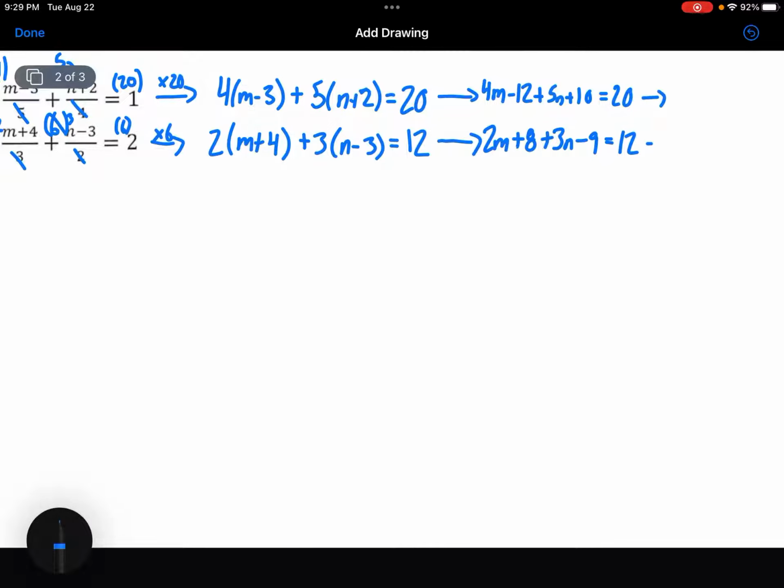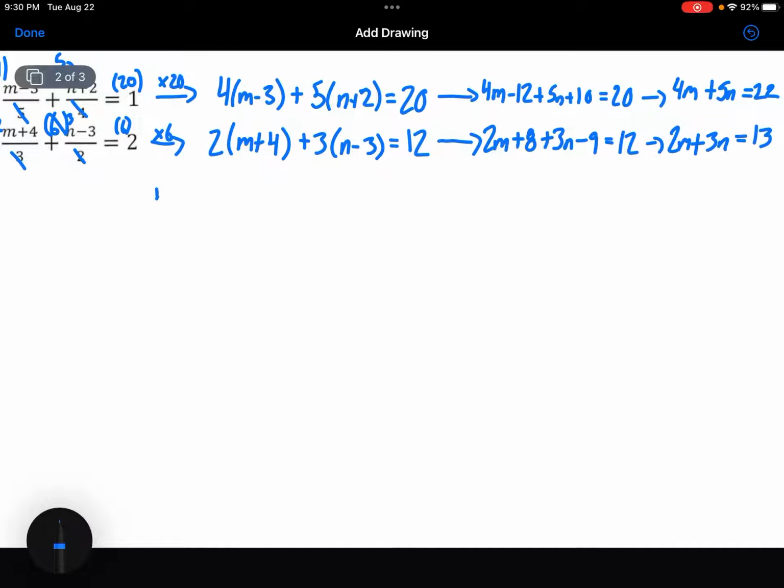Simplifying all that, which again, this is just a long question. There's not any hard math to it though. We're leaving our variables on one side. We're moving everything over to the other side. And this is just going to be adding 2. So we're going to get 22, because 12 and 10 gives us our 2. And then we've got 2m plus 3n equals 13.